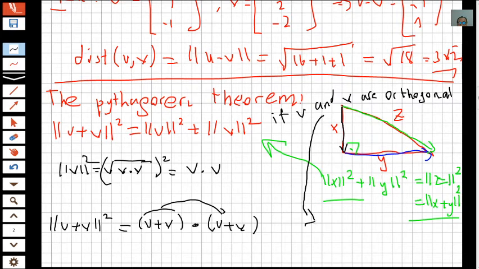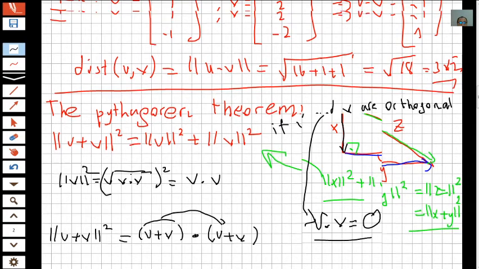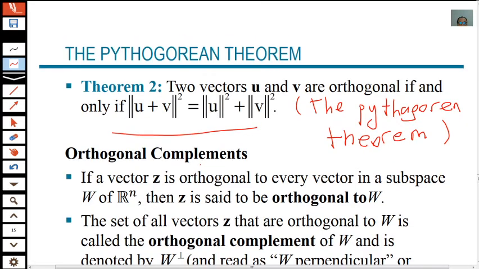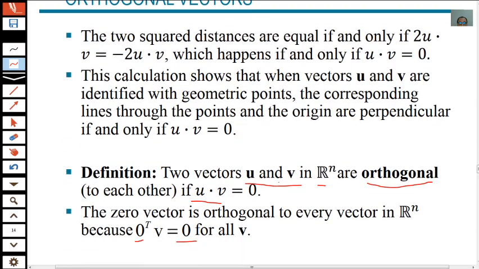From the definition, u dot product v is equal to 0.